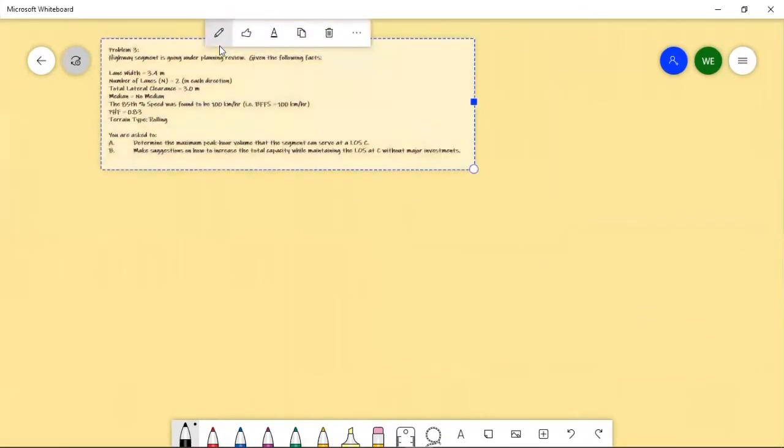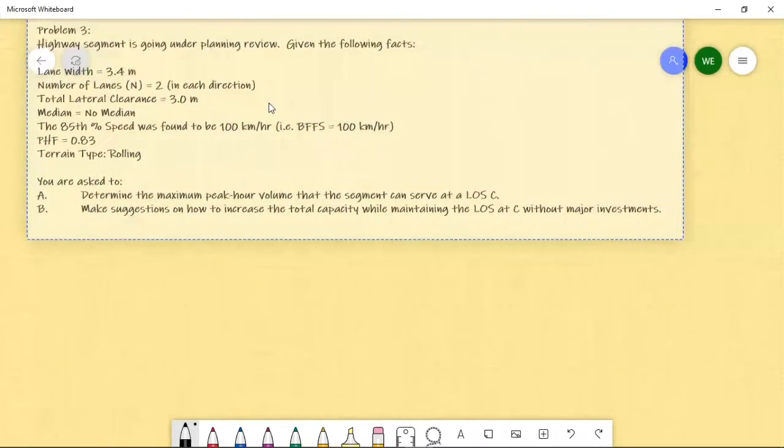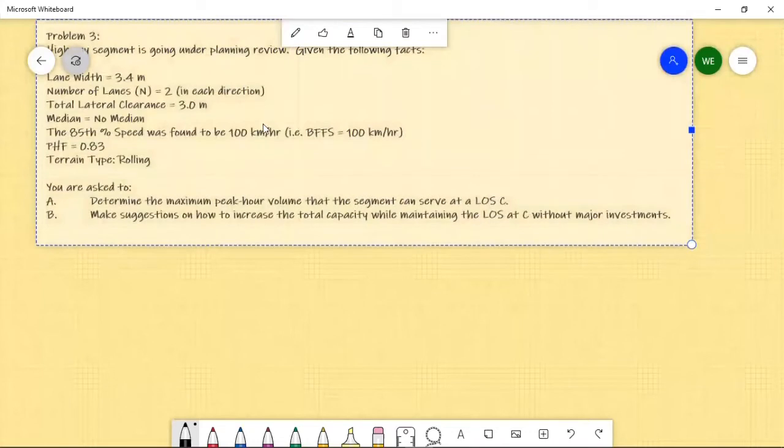The problem that we have here says that there is a highway segment going under planning review, given the following facts.